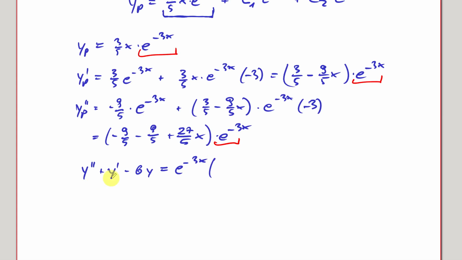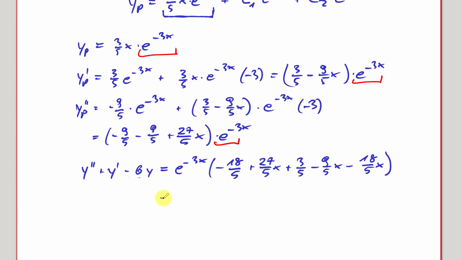For y double prime, we have minus 18 over 5 plus 27 over 5x. Next we add y prime, so this is plus 3 over 5 minus 9 over 5x, and finally minus 6 times y, so we have minus 18 over 5x.